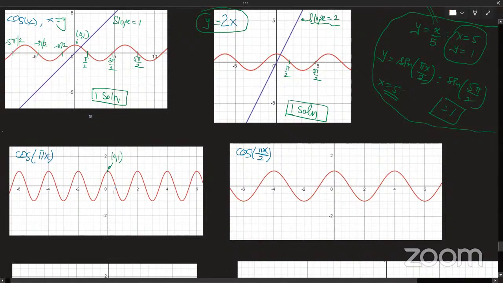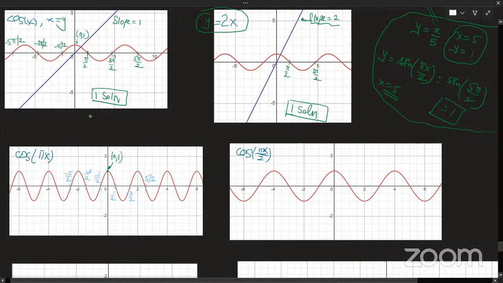Similarly, this is 3 by 2, and this will be 5 by 2. On the negative side, this is minus 1 by 2, minus 3 by 2, and minus 5 by 2. Correct?